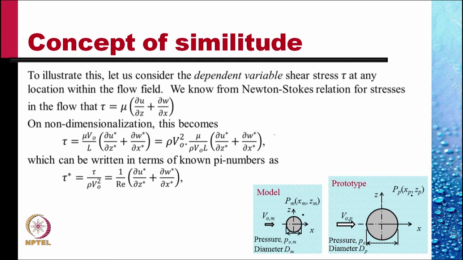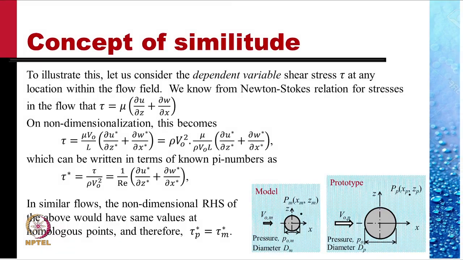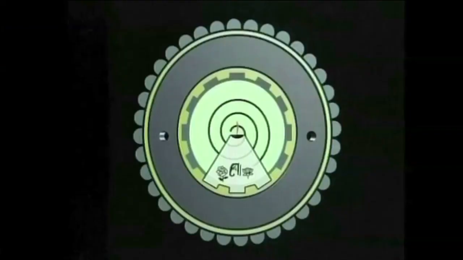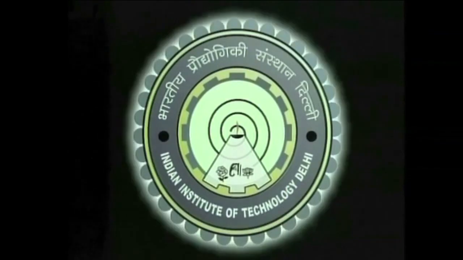And now if I take this tau star which we measured from the model and multiply it with the value of rho V naught square for the prototype, I will get the shear stress for the prototype. In similar flows, the non-dimensional RHS of the above would have the same values at homologous points, and therefore tau P star would be tau M star.